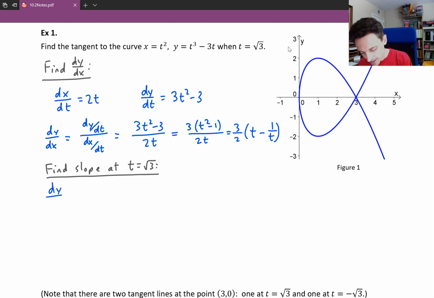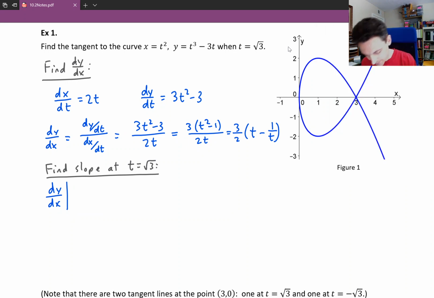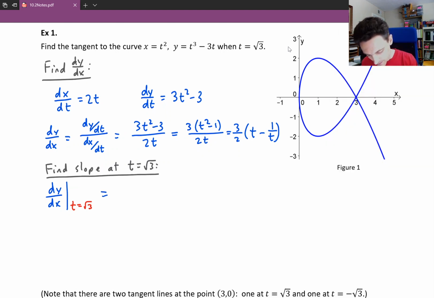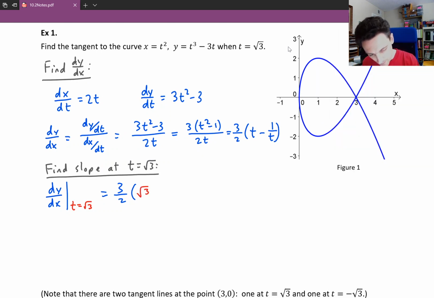The way we can write that is dy/dx evaluated at t equals root 3. Here we'll get 3/2 times root 3 minus 1 over root 3.